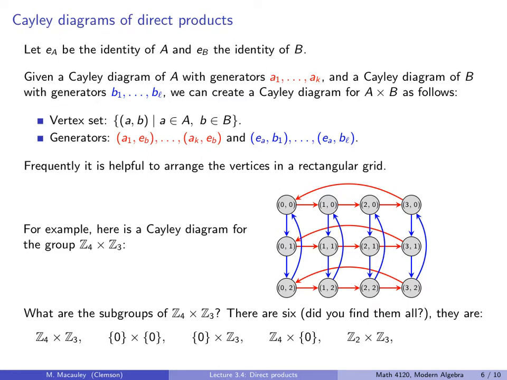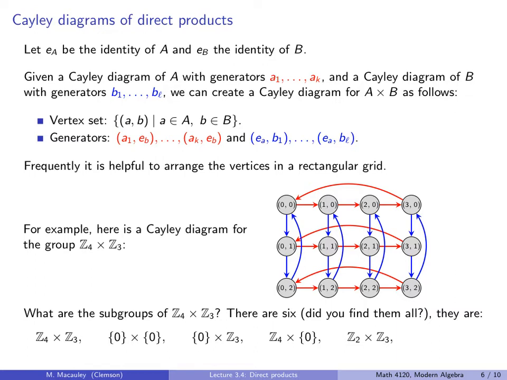It's not actually the elements 0 and 1 in Z4. That's not a subgroup because 1 is a generator. So in the Cayley diagram, Z2 cross Z3 corresponds with all ordered pairs where the first element is either 0 or 2, that is, it's even, and the second element is anything in Z3. So that's this row with this row.